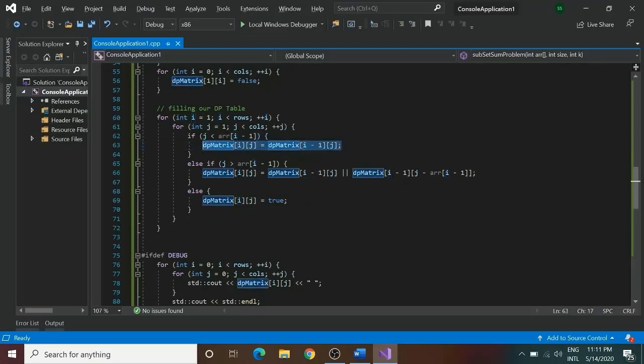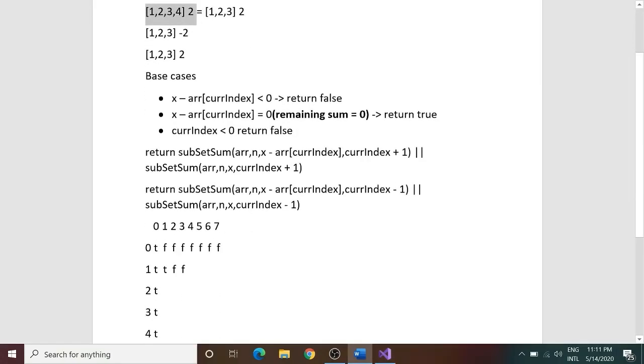Otherwise, what would I be doing? I would be ORing both the conditions. I would be not including the element, or I would be including the element. And look, when I include the element, I just subtract the element present at the current index from the leftover sum j. And what does j represent? J represents the columns. And what are these? These are all the leftover sums over here.